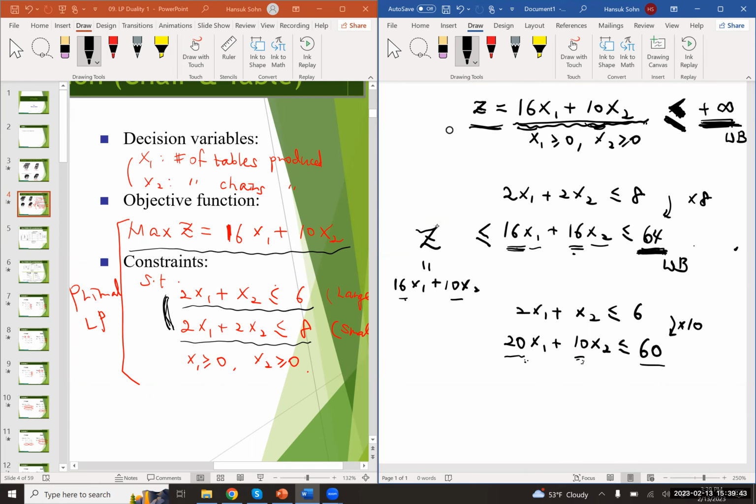So the right-hand side value of 60 becomes our new upper bound, right? Because this is still greater than or equal to our objective function value, g.